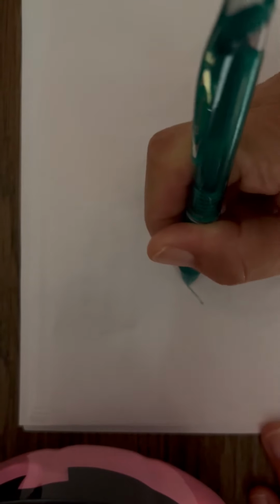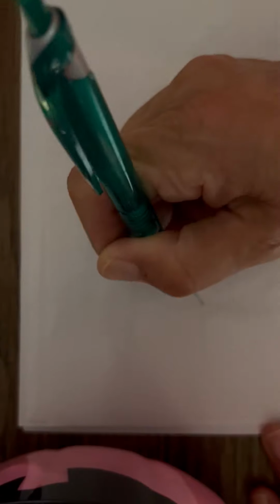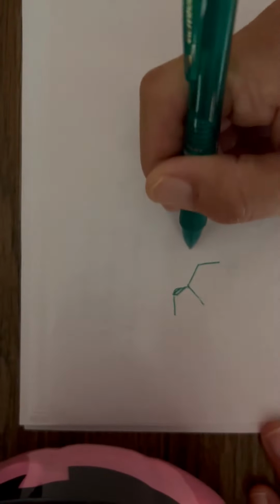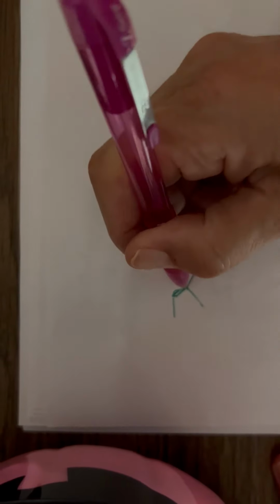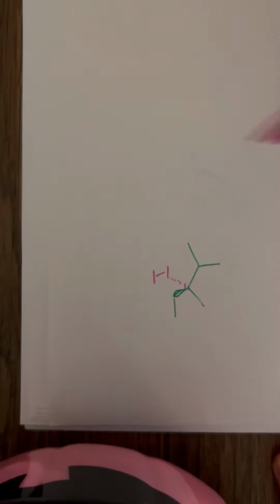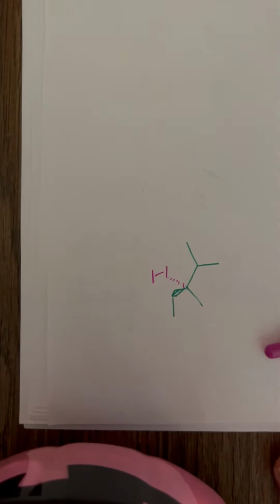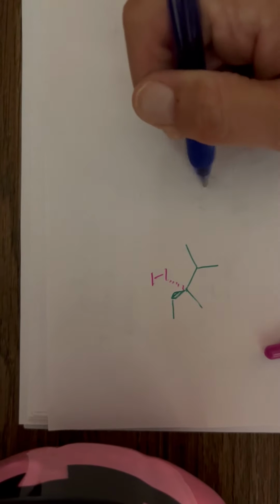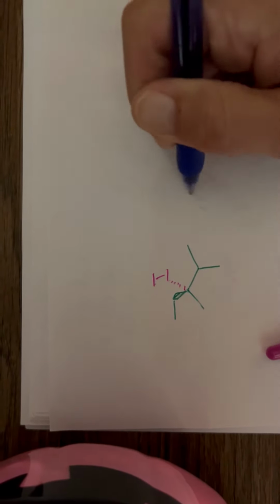So let's again look at our structure here, and I will make it enantiomerically pure. And this time I'm going to make it an I, just because that's a good leaving group. And for the nucleophile, I'm actually this time going to use methanol.